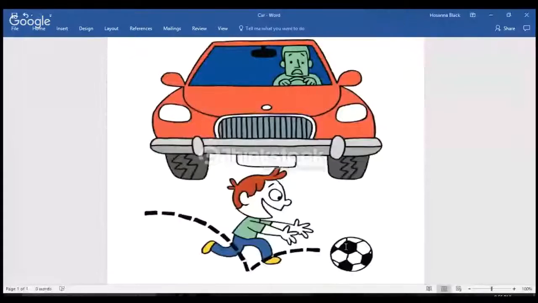So let's say you're walking down the street and you see this. Let's open it up. Okay. And you see a kid running out into the street. Now, it's really important that that kid isn't out in the street, isn't hit by a car.